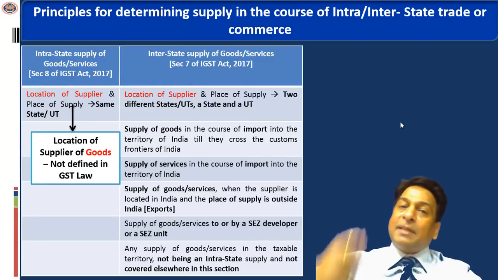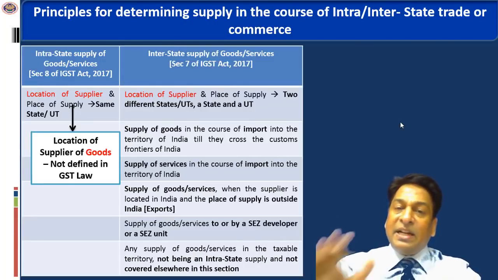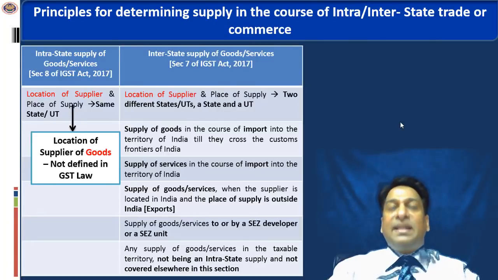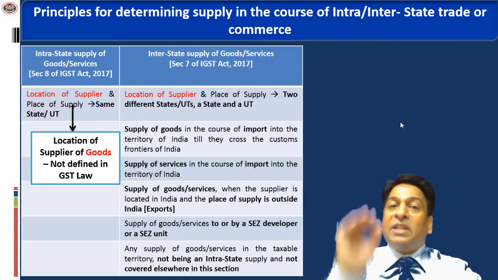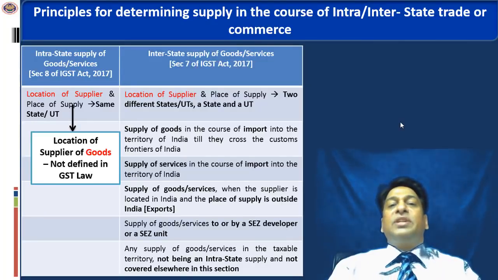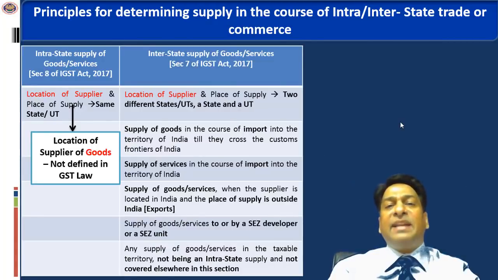For location of supplier for services, a definition is provided, but you do not find what the location of a supplier of goods is in GST law. It is not defined, so it is left open.